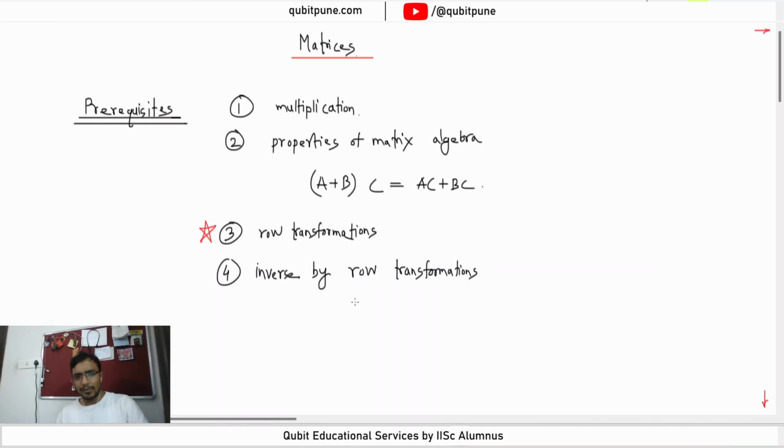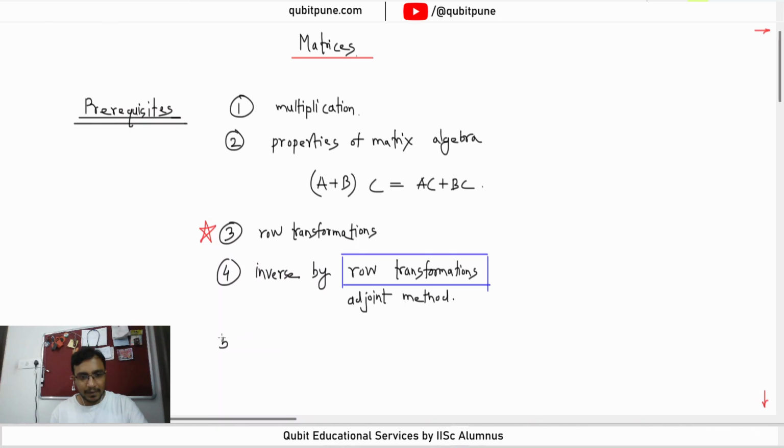Okay. So you must be knowing inverse by adjoint method then? Oh, yes, adjoint method. Okay, fine. It's fine. If you do not know the inverse by row transformations, that's fine. NCERT doesn't have inverse by row transformations. They only have inverse by adjoint method.